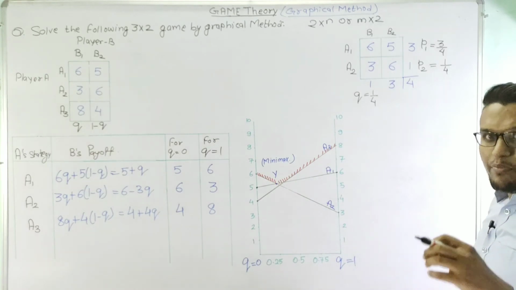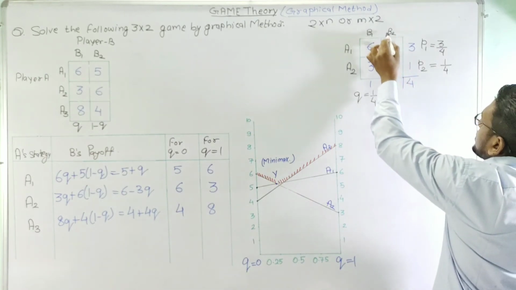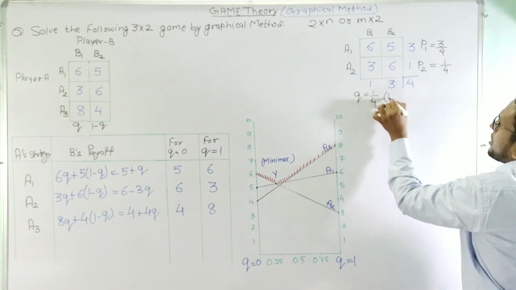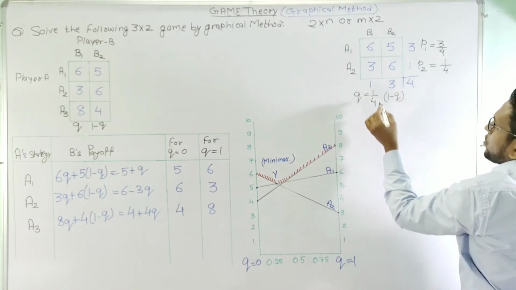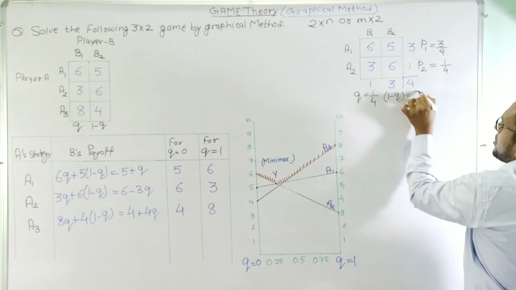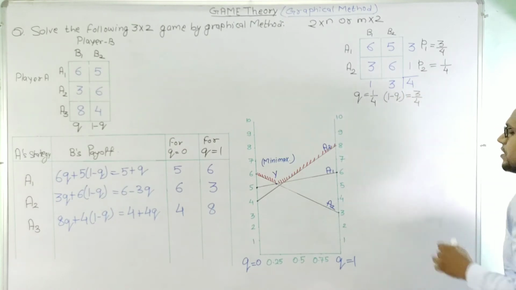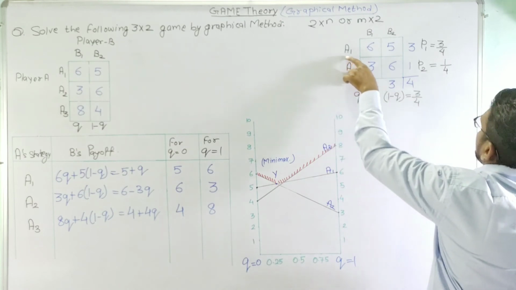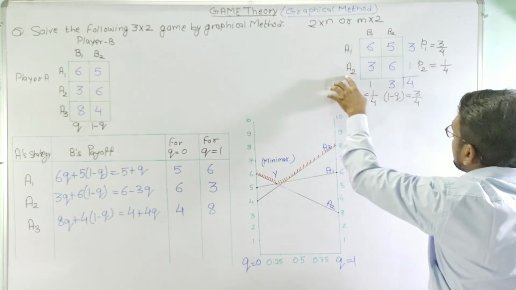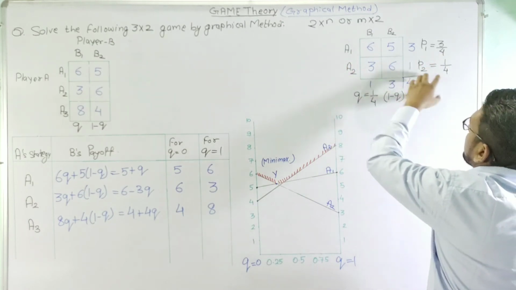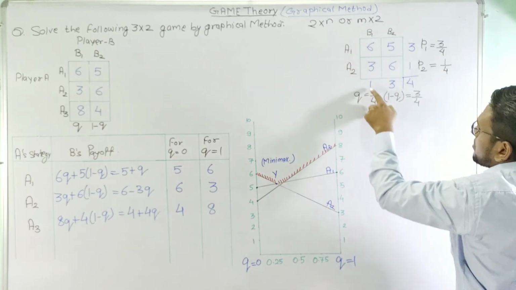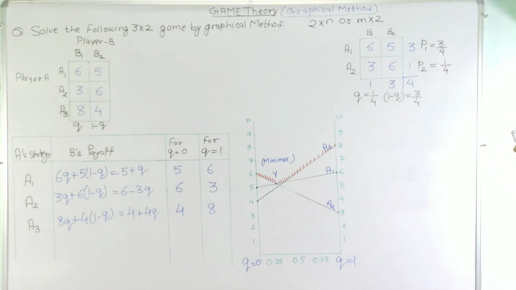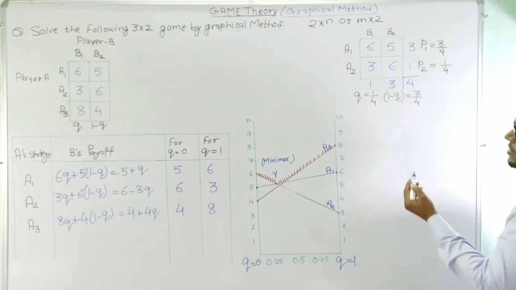And the probability of player B playing strategy B2, which we have taken here, is equal to 1 minus Q. So 1 minus 1 by 4 is equal to 3 by 4. From here we can find out that player A will play strategy A1 3 by 4 times, strategy A2 1 by 4 times, and player B will play strategy B1 1 by 4 times, and strategy B2 3 by 4 times.